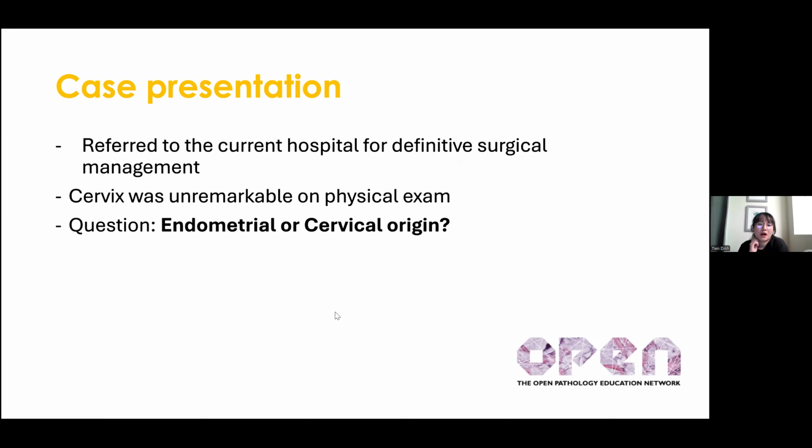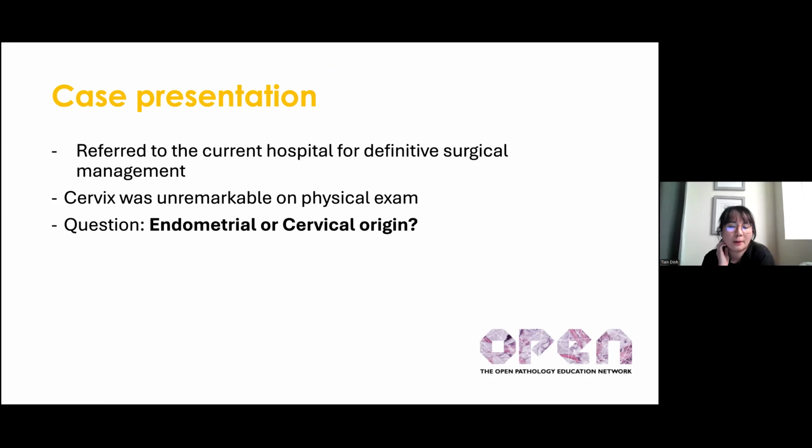So we have a question here: is the squamous cell carcinoma from the endometrium itself or from a cervical origin? Given her age and the normal cervix, endometrial squamous cell carcinoma could be the reason, but this condition is very rare.